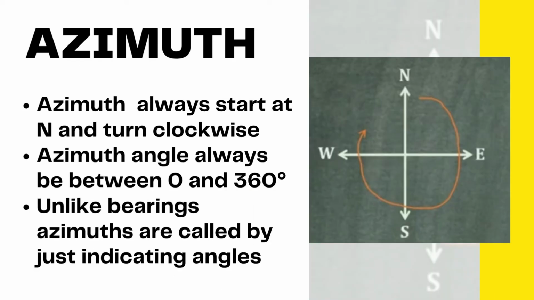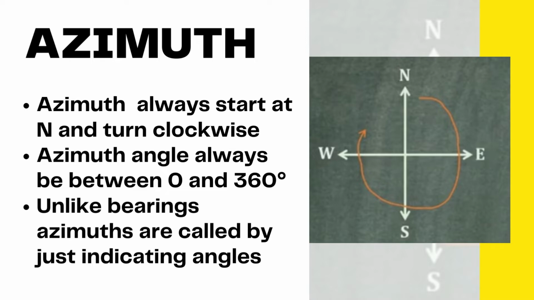Azimuth. So when determining the azimuth, you always have to start from the north direction and turn clockwise in the compass. Azimuth angles always have to be between 0 and 360 degrees only, and shouldn't be more than that, because a compass has only 4 quadrants, and each quadrant is equivalent to 90 degrees. Why is it equivalent to 90 degrees?